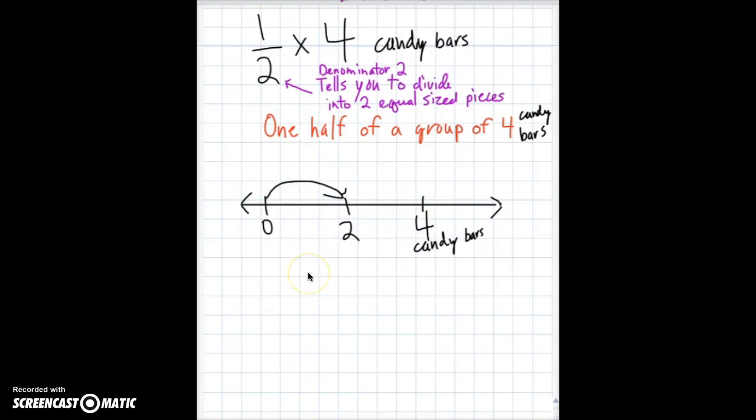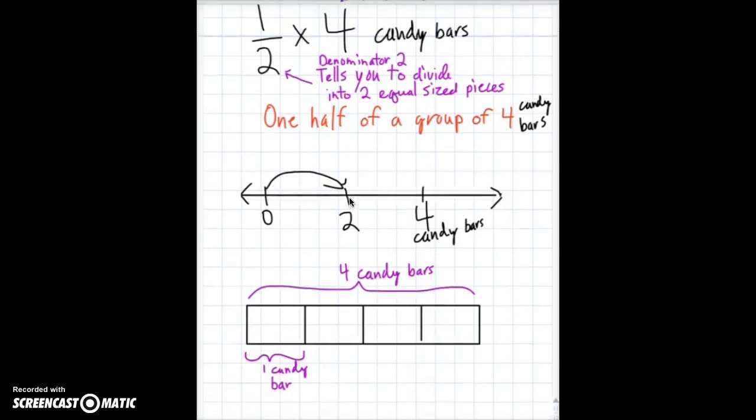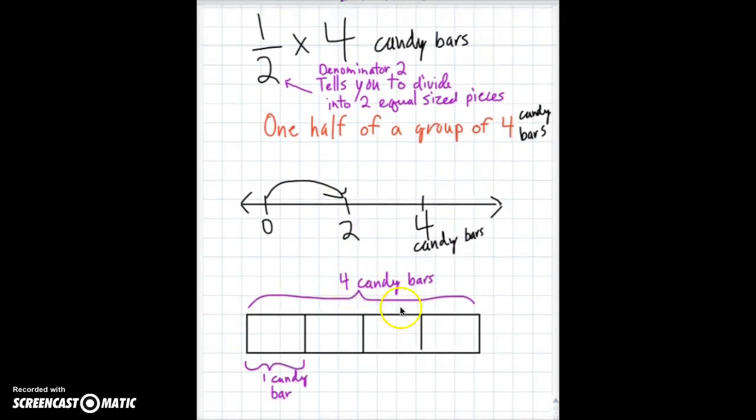Let's look at that on a tape diagram. Here's a tape diagram that shows our 4 candy bars. And we also have to note what 1 candy bar looks like. And if we're going to divide these 4 candy bars into 2 equal size pieces, then we're going to take half of them.